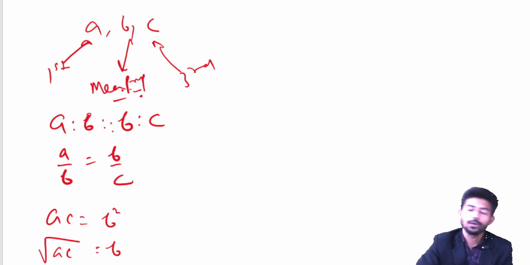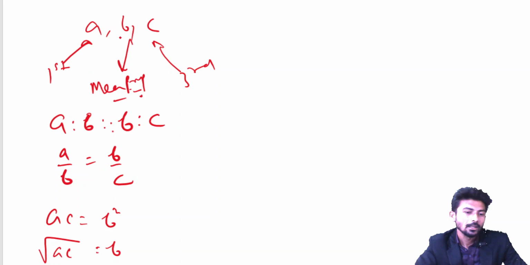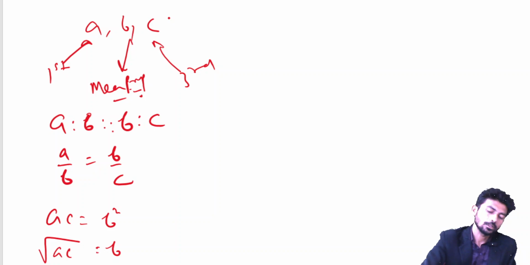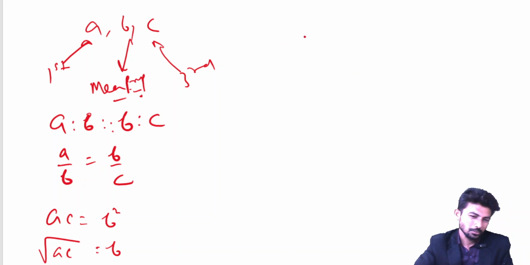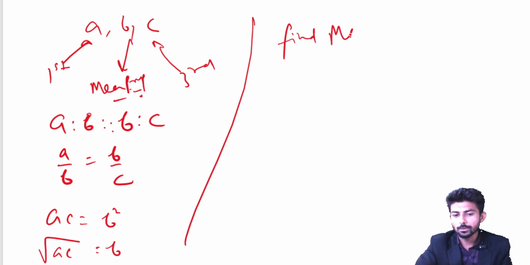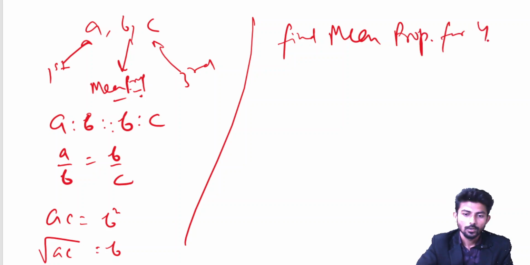So whenever we have to find the mean proportion for three numbers, it would be the square root of the product of the extreme numbers. Okay, so that's how we can calculate. Let's suppose the question is: find the mean proportion for 4 and 5.